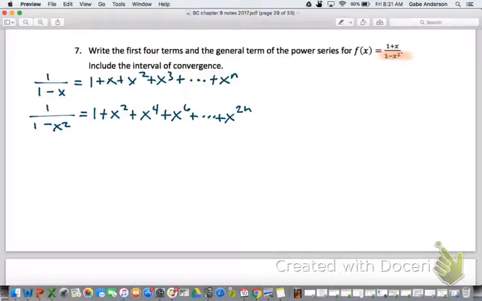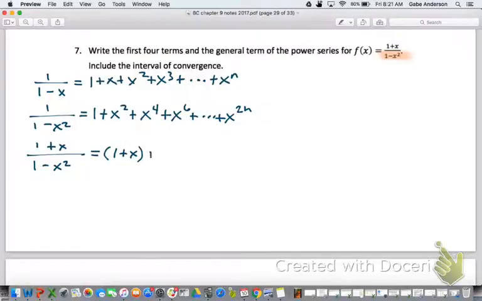So, let's try that. If I multiply 1 plus x on the left, I get my target. That's okay to do as long as I multiply every single term on the right side by the same thing. So it's going to look like this. 1 plus x times 1 is just 1 plus x.